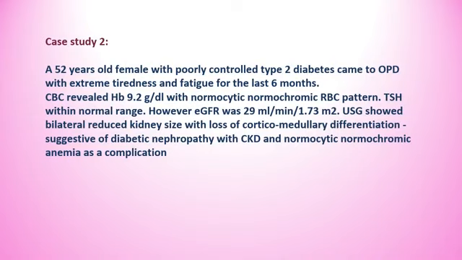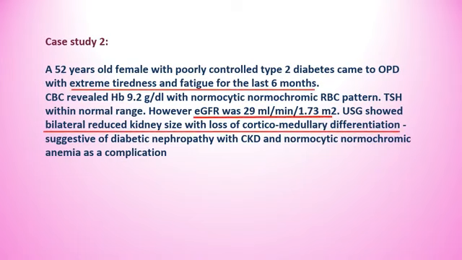Case study 2. A 52-year-old female with poorly controlled type 2 diabetes came to the OPD with extreme tiredness and fatigue for the last 6 months. CBC revealed hemoglobin 9.2 gram per deciliter with a normocytic normochromic RBC pattern, TSH within normal range. However, eGFR was 29 milliliter per minute per 1.73 meter square body surface area.